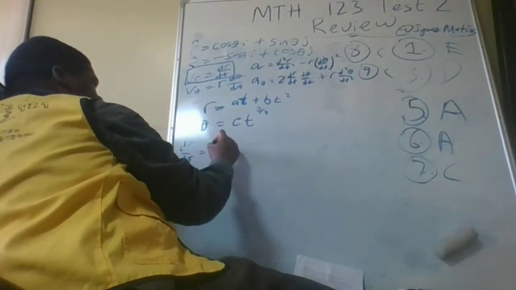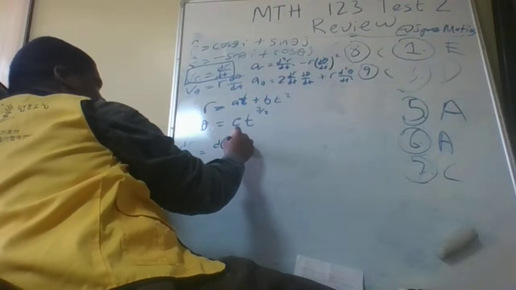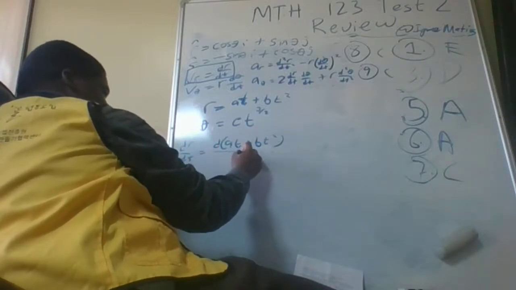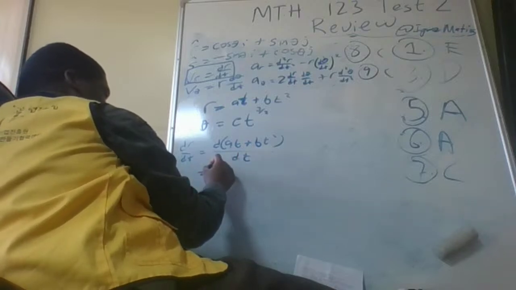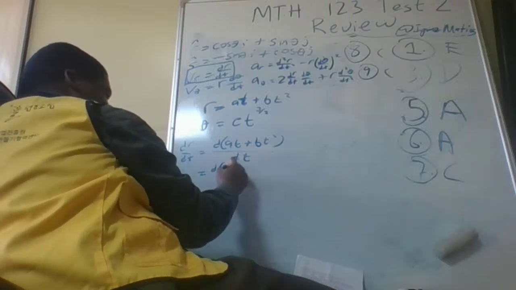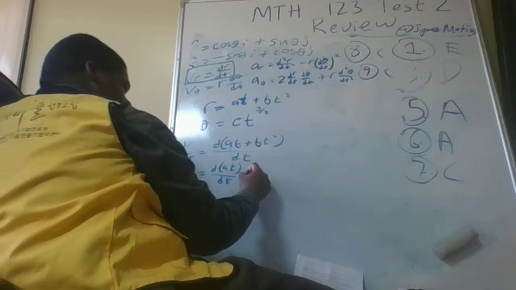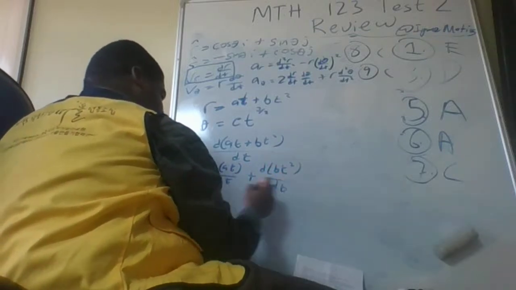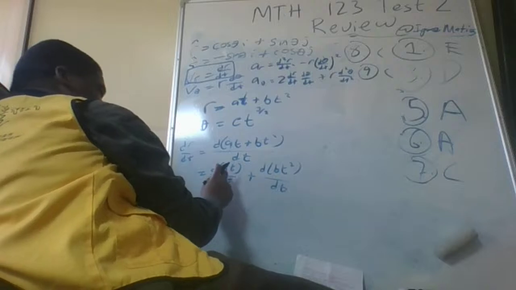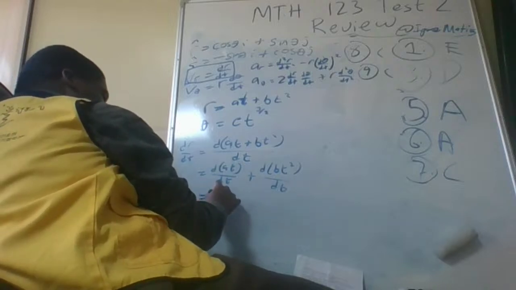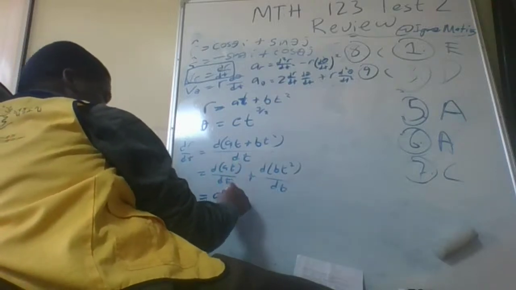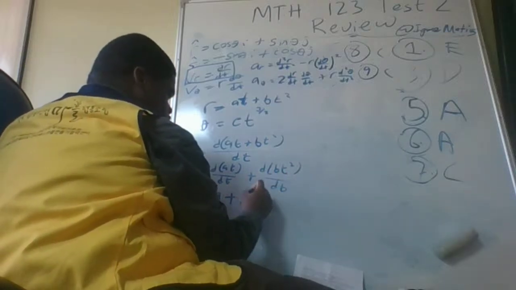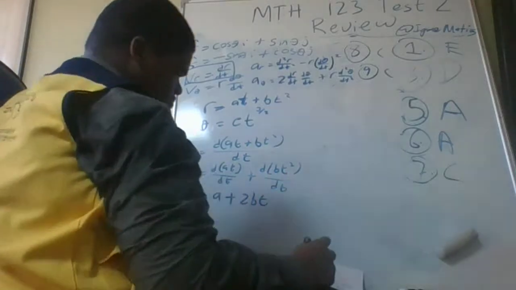dr/dt is going to equal the derivative of at plus bt squared, which is the derivative of at with respect to time plus the derivative of bt squared with respect to time. The derivative of at is a, plus the derivative of bt squared, which is 2bt.